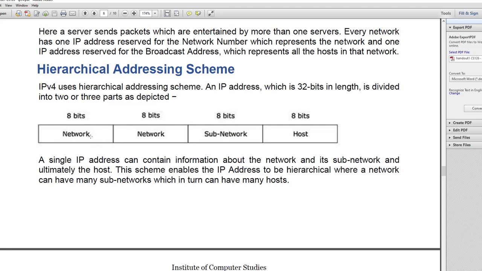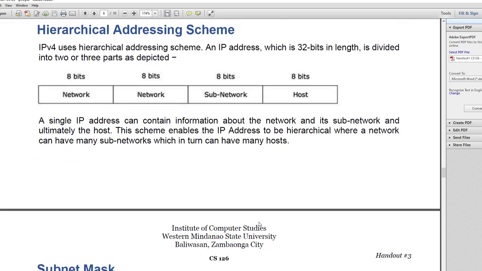This is what we used in our laboratory in Packet Tracer, for example 192.168.1.2. A single IP address can contain information about the network and its subnetwork and ultimately the host. This scheme enables the IP address to be hierarchical, where a network can have many subnetworks, which in turn can have many hosts.